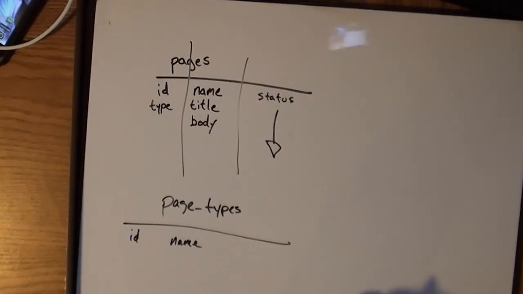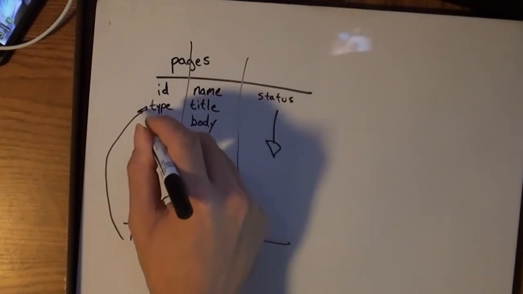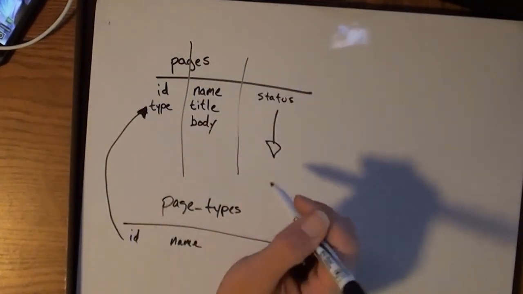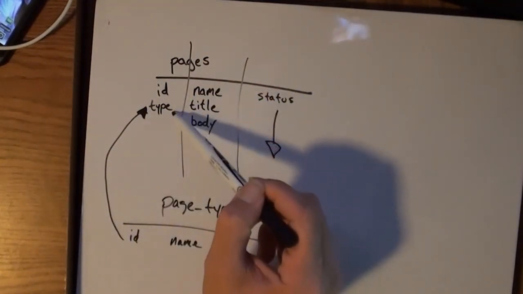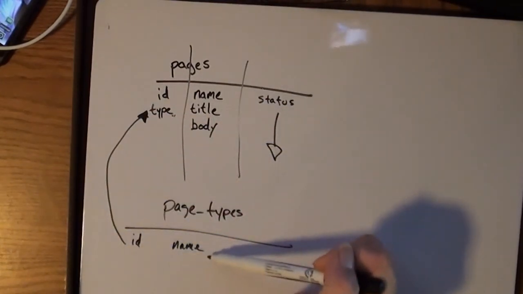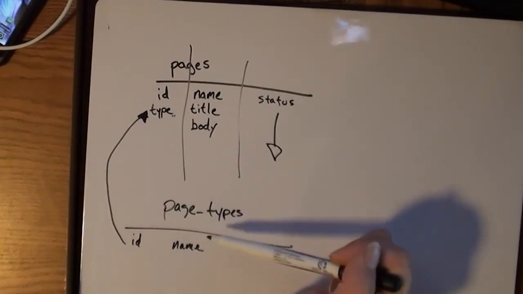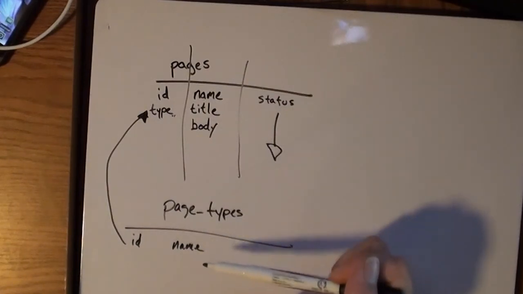And all that allows us to do is associate whatever ID number you put into type here. We can then go ahead and query the page types and find out, well, that's a blog, or that's a general content page, so on and so forth.